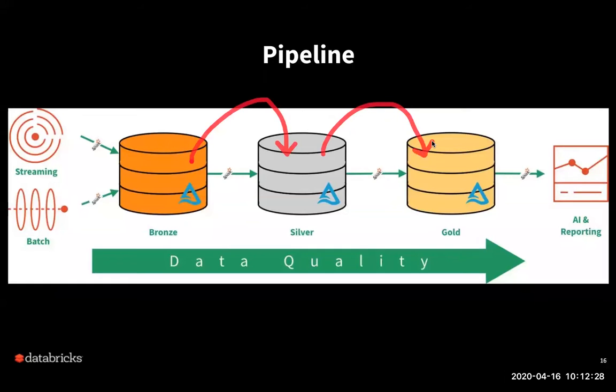So this poses an interesting question. What do we do when new data is added to the bronze layer? How do I update those silver and gold tables? In a traditional product, we might use something like a materialized view, but how do we do that in our data lake?